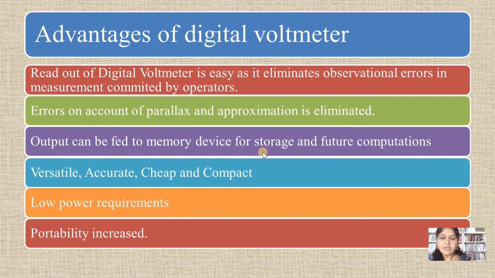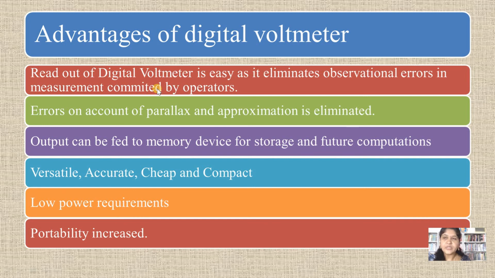Now come to the advantages of the digital voltmeter. Why is the digital voltmeter preferred compared to the analog voltmeter? When operators use the analog voltmeter for measuring the input voltage, they have to take the readings by reading the calibrated scale, and this scale has many views over it, like the upper view.